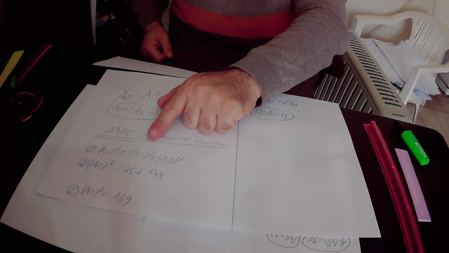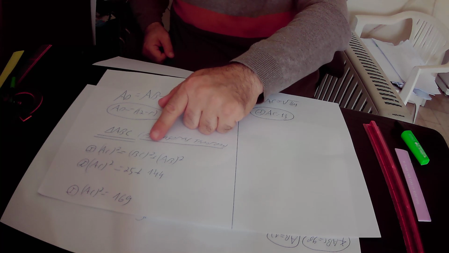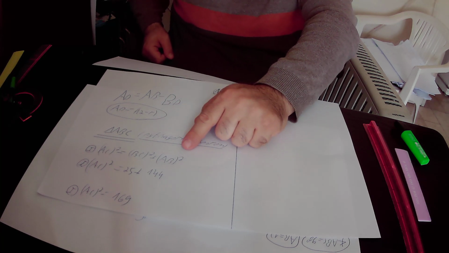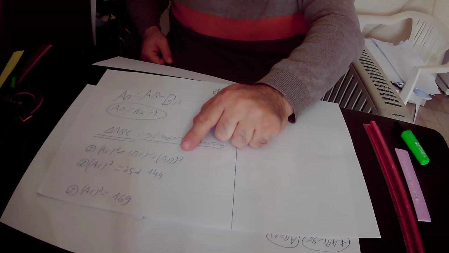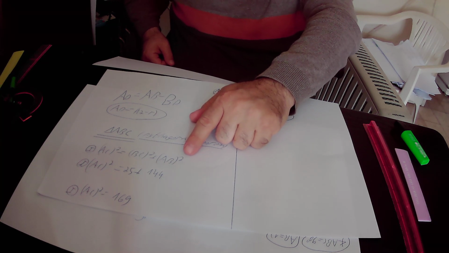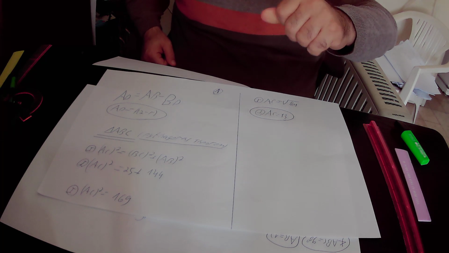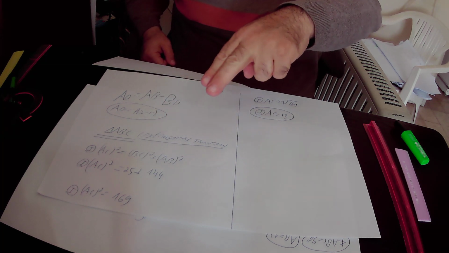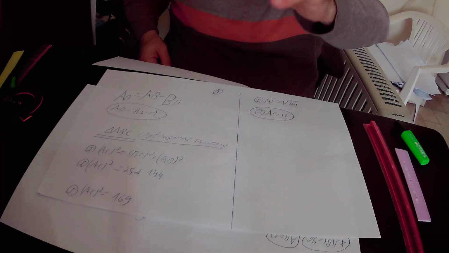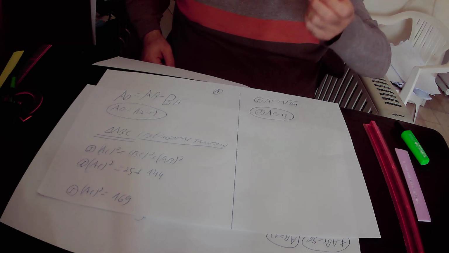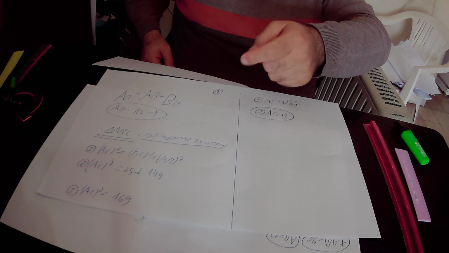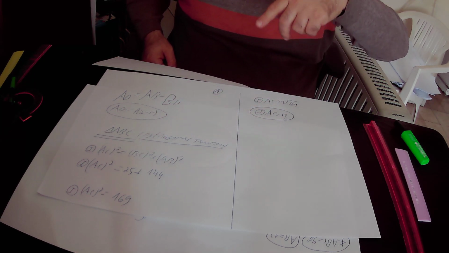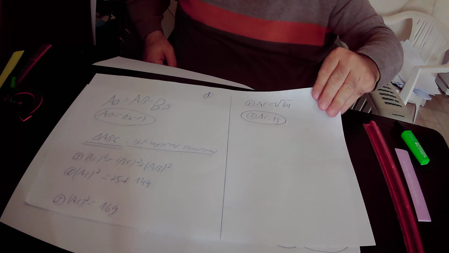BC is 5, so BC squared is 25. AB equals 12, it is given in the question, so AB squared is 144. So AC squared equals 25 plus 144, which is 169.